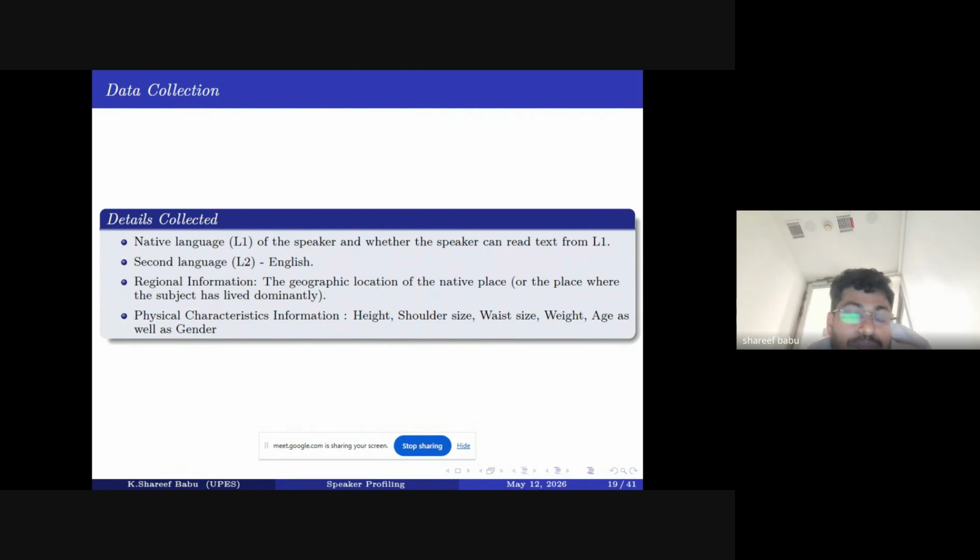As part of the data collection, we looked at the native language, the usual language in which people are more comfortable, which is treated as their mother tongue, L1. We gave the text to read in their L1 language and also in a second language, L2, which is an English script. We collected details like the geographical location they belong to, and the other physical parameters mentioned earlier: height, weight, shoulder size, waist size, as well as age and gender.